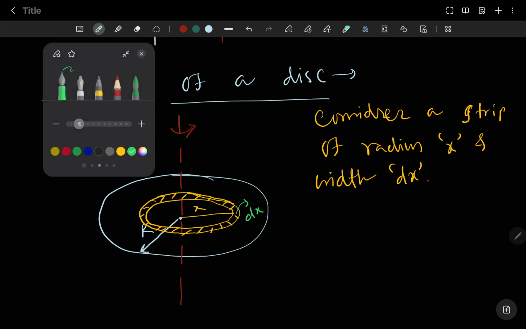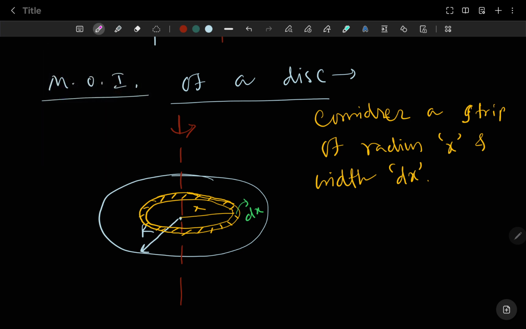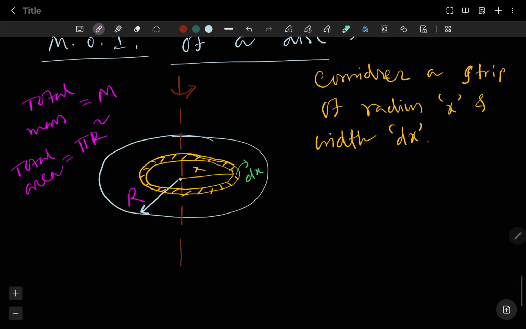Now let's say the total mass of this disk is capital M and the total area of this disk is pi capital R square. Okay, so the mass per unit area will be M by pi R square.